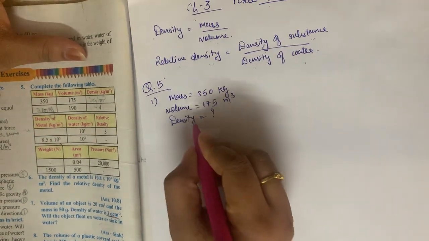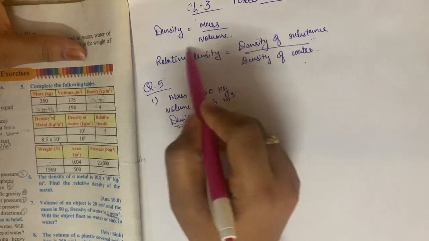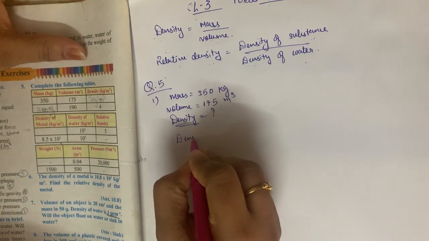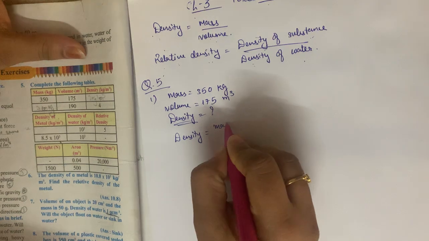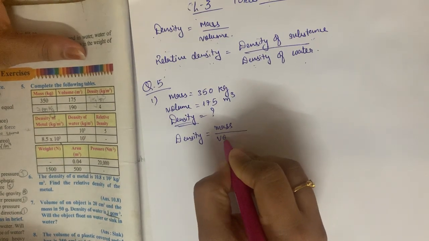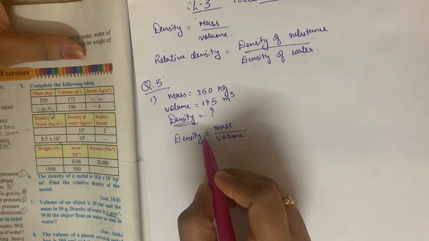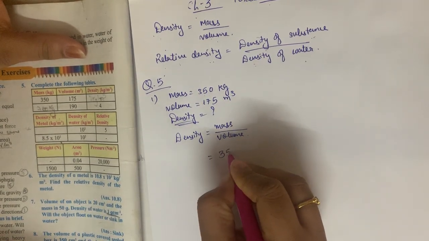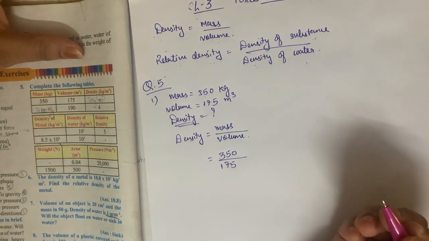Fine. So to find out this density, you already have the formula, that is density is equal to mass by volume. So just write down density, that is equal to mass by volume. This is the formula. Now write down what all given data, that is mass is equal to 350, right? 350 upon volume 175.